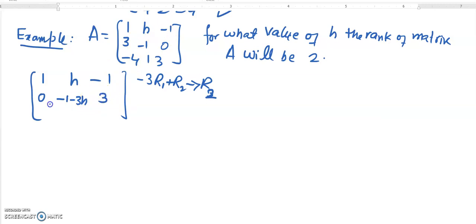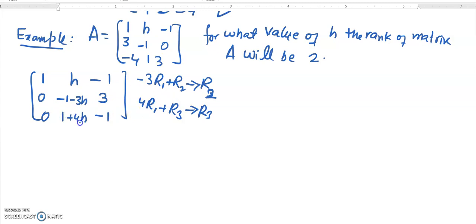Then to make the next entry 0, it will be 4 times row 1 plus row 3, that will be row 3. So it will be 0, and then 1 plus 4H, and then minus 4 plus 3, that will be minus 1.